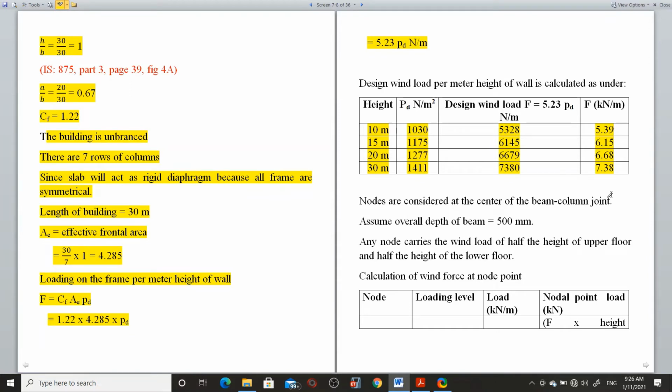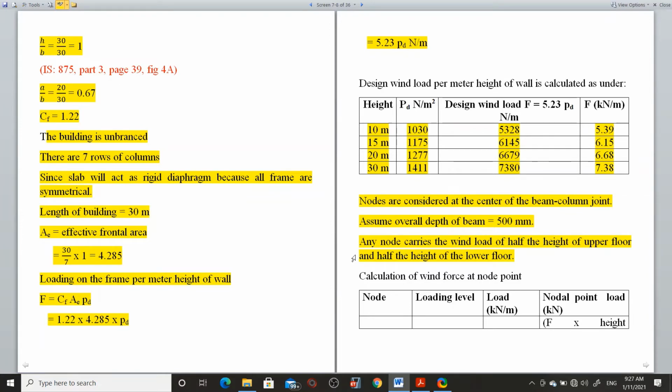Now we have the force, and we are going to distribute the force over all the nodal areas. Nodes are considered at the center of the beam-column joint. Assume overall depth of beam is 500 mm. Any node carries a wind load of half the height of the upper floor and half the height of the lower floor.